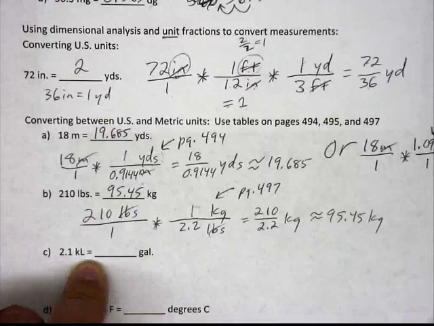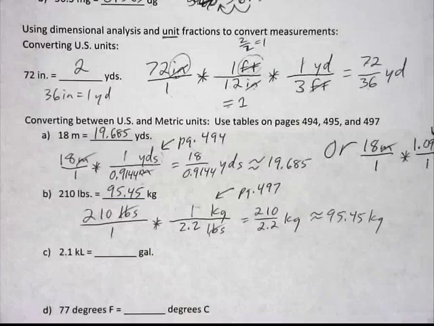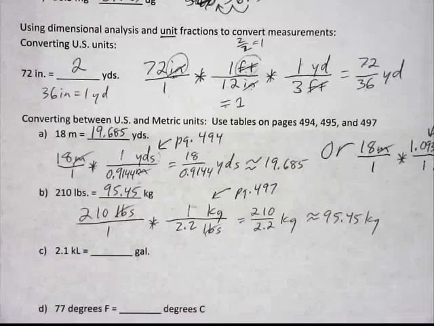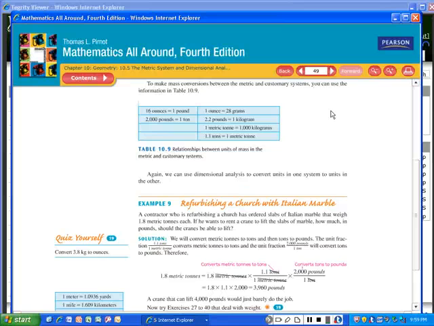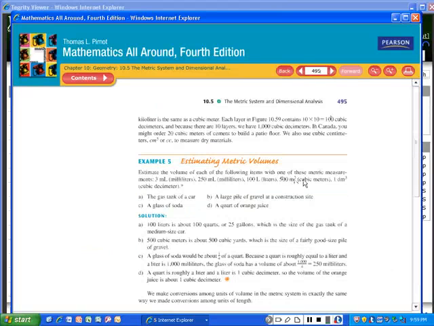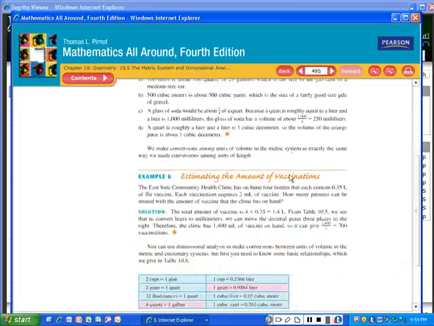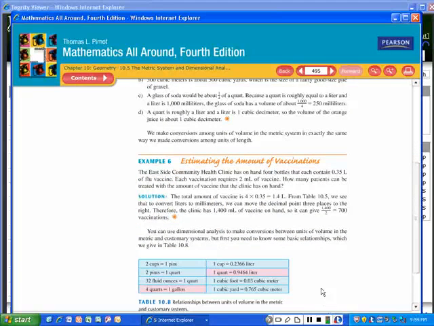Let's look at 2.1 kiloliters, and let's convert that into gallons. And for this one, when we go to the book, what you'll notice is that there's nothing that relates kiloliters to gallons. So what I'm going to have to do is a two-step problem on this one. And if I go to page 495, okay, on page 495, what I have is a relationship between liters and quarts.